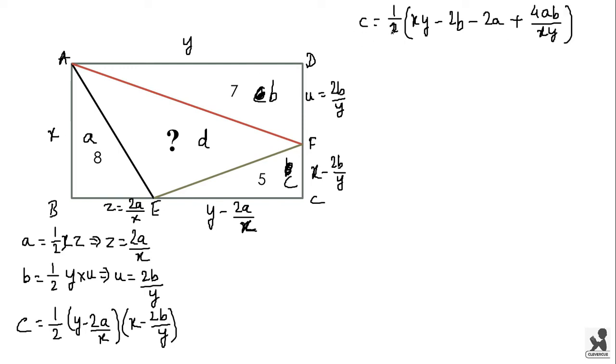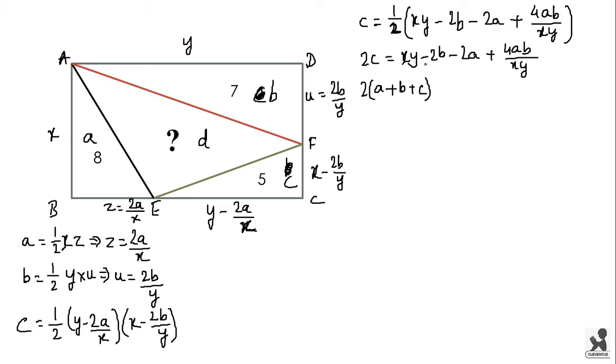Now we can send 2 to the other side, that is if we multiply by 2 on both sides we get 2c is equal to xy minus 2b minus 2a plus 4ab by xy. From here we get 2 into a plus b plus c.